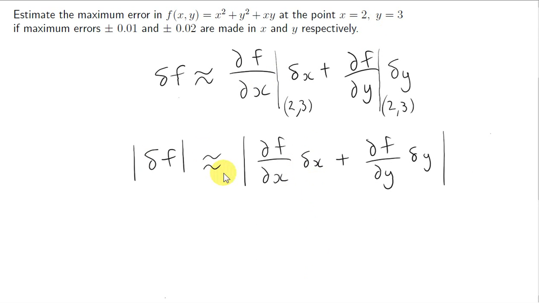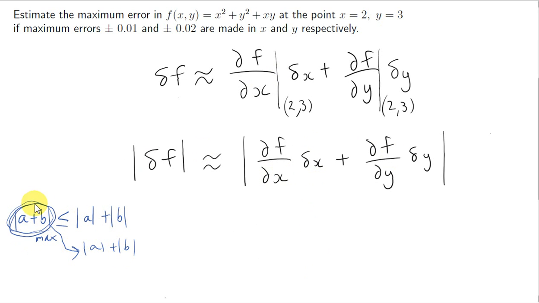Now we have the magnitude of a sum of two quantities here, and you may know that the magnitude of a sum of two quantities is less than or equal to the sum of the magnitudes. So the maximum value that this quantity can have is actually magnitude A plus magnitude B. So this would be the maximum possible value that this can have.